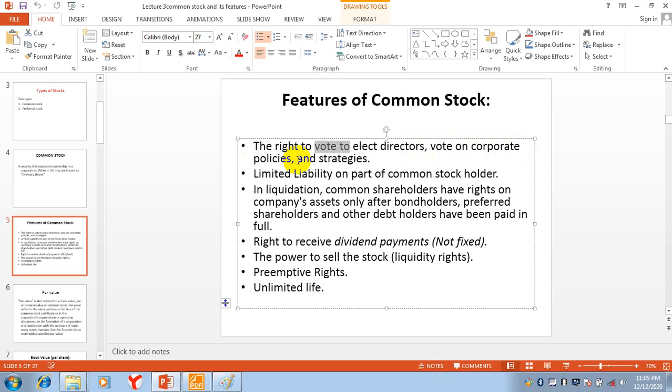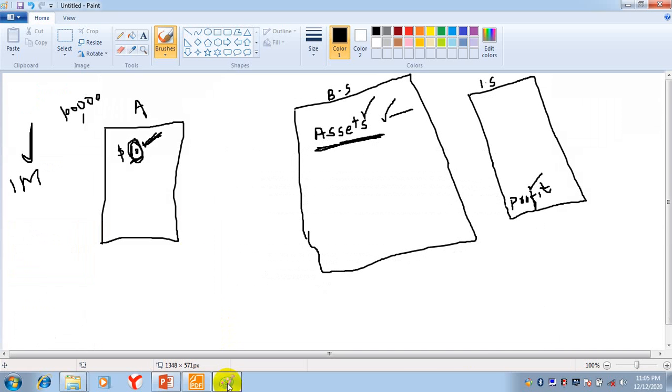When the company is making corporate policies and strategies, these common shareholders can vote on them. So if you have common shares in a company, you have a right of voting. Voting right is the first feature of the common shareholders.